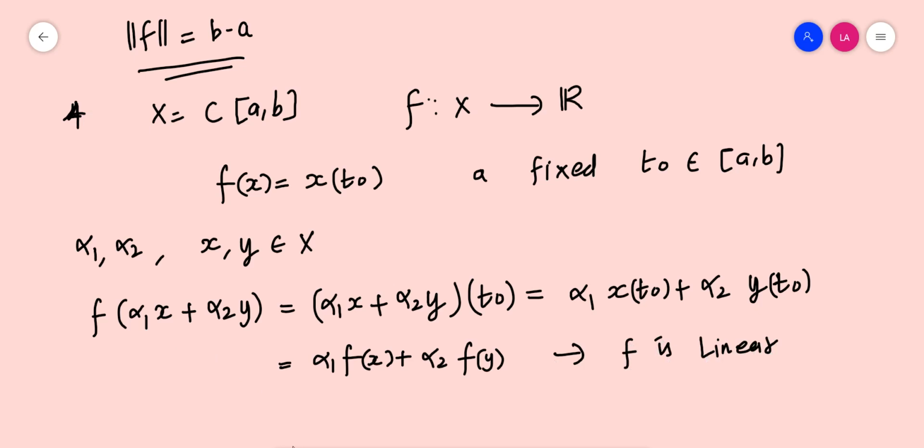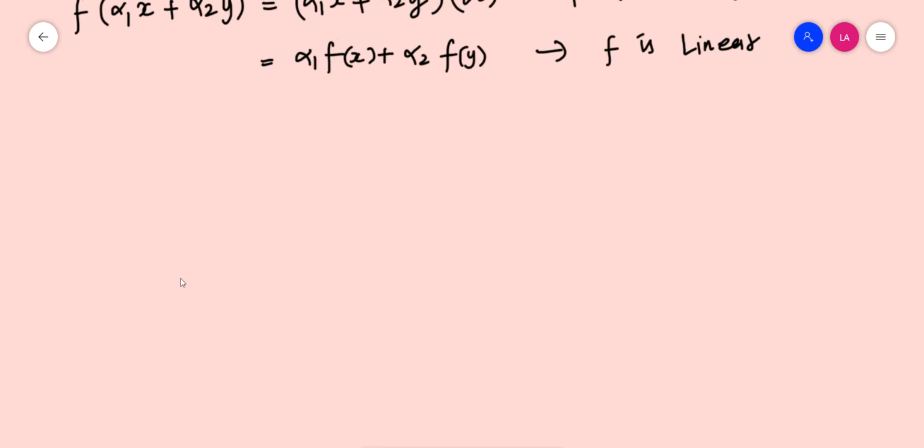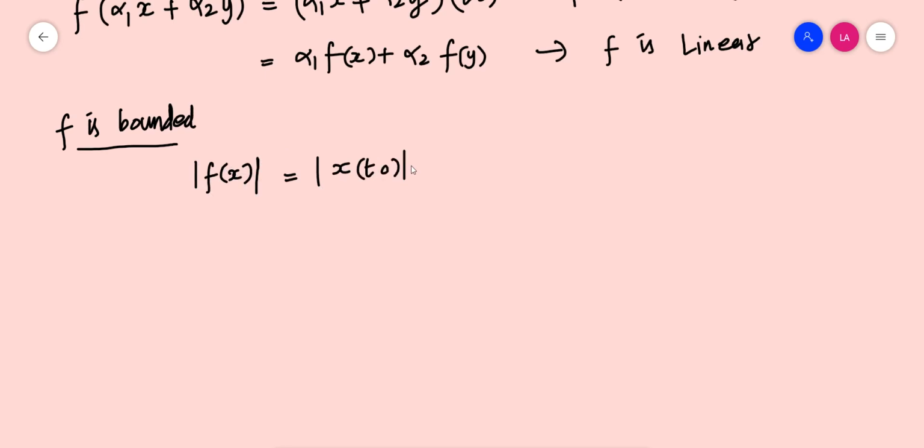Now we can easily prove that f is actually bounded. So the next objective is to prove that f is bounded. Clearly, modulus of f of x is equal to modulus of x of t naught by definition.